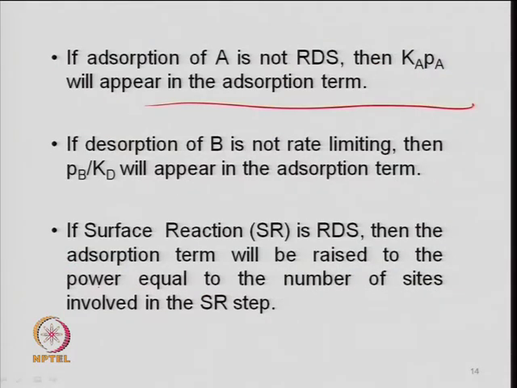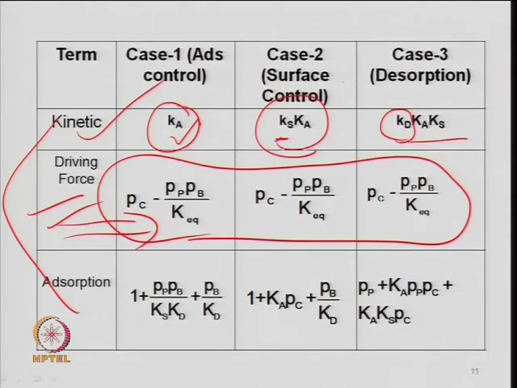Some comments again here: if adsorption of A is not the rate determining step, the RDS, then k p A will appear in the adsorption term, right. That is what we have seen, that for a step which is not the rate determining step, such as adsorption of A not being the RDS, the k p A will appear in the adsorption term, which is in the denominator, and we have already seen the denominator term here.